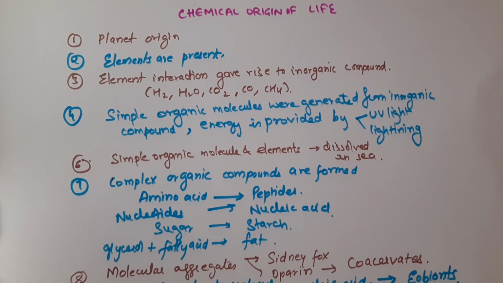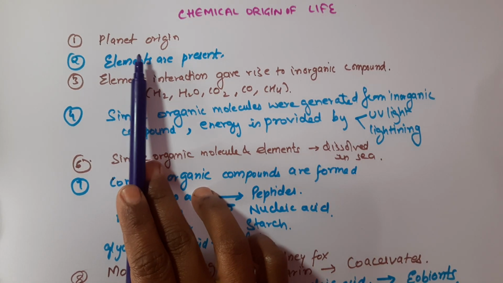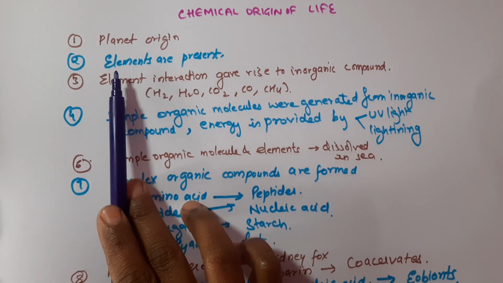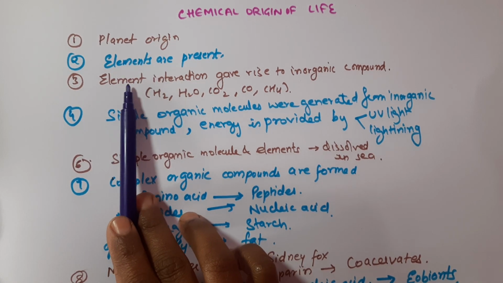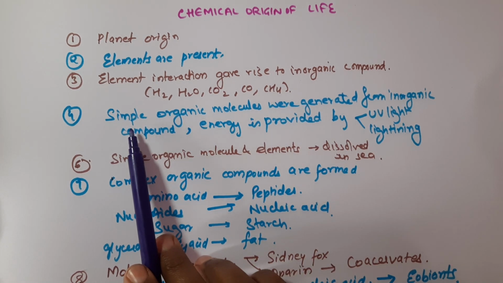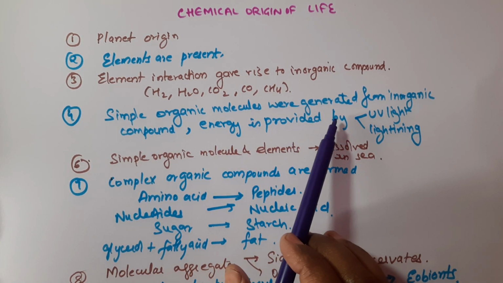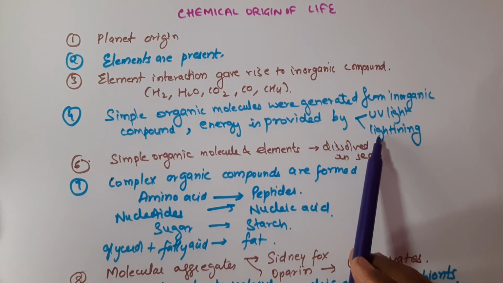Before closing the video, I will just go through it one by one. First of all, the planet has originated. The elements are present on it. These elements interact with each other to give rise to inorganic compounds. Then simple organic compounds were formed, and the energy is provided by the UV light and the lightning.